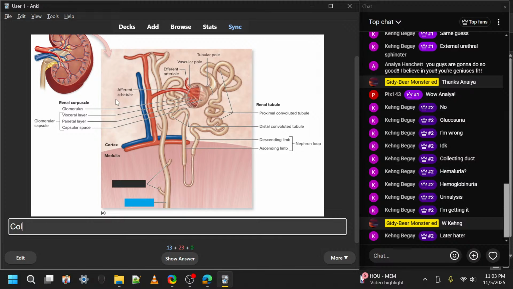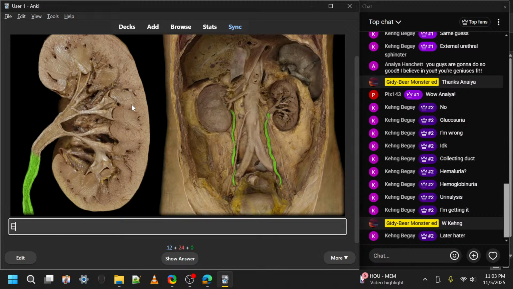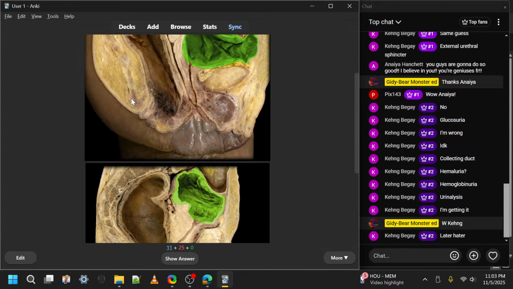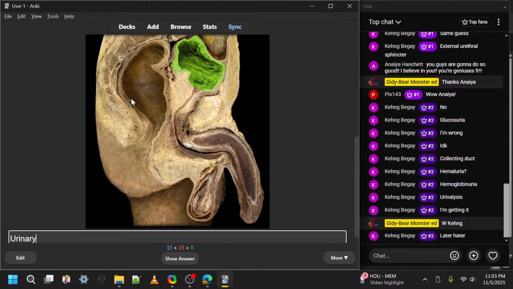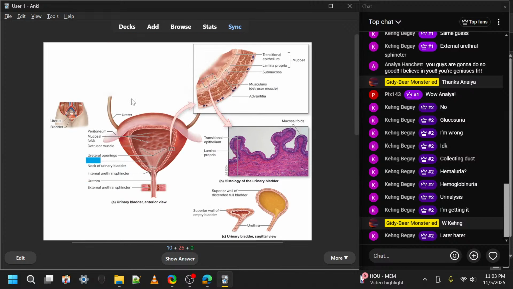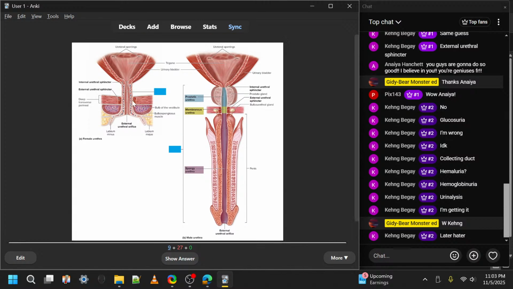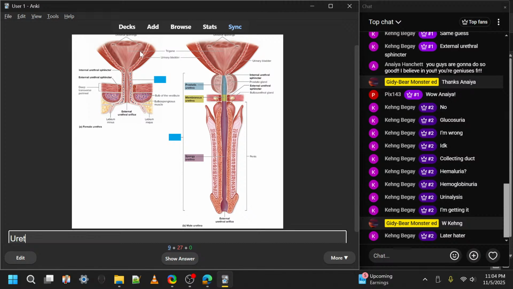This is the collecting duct. This is the ureter. This is the urinary bladder. This is the trigone. This is the urethra.